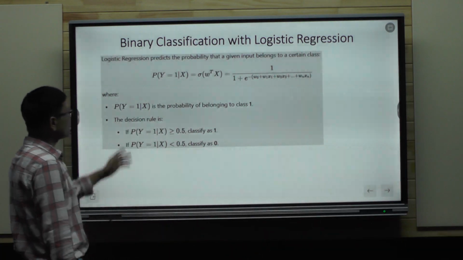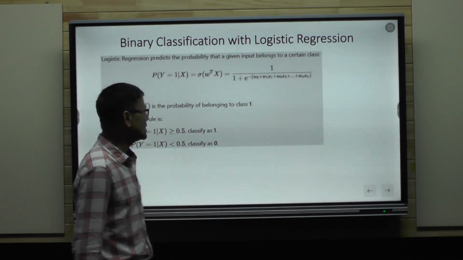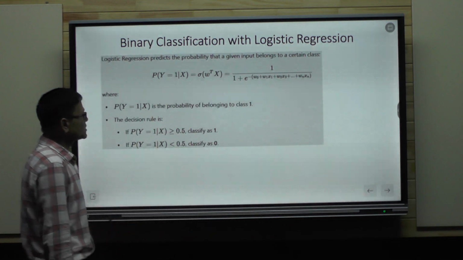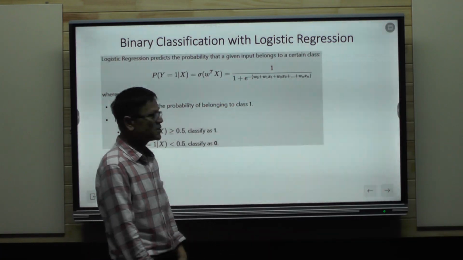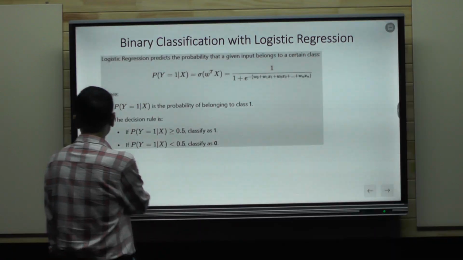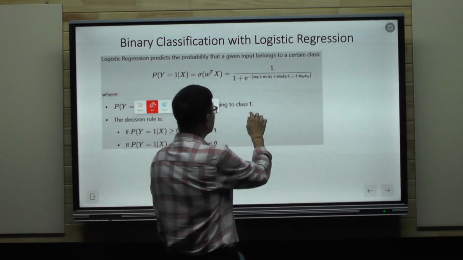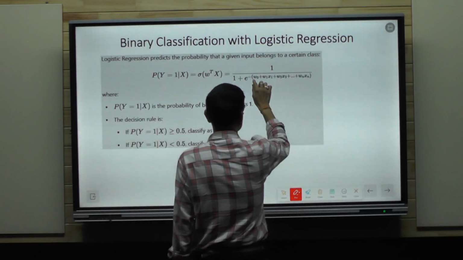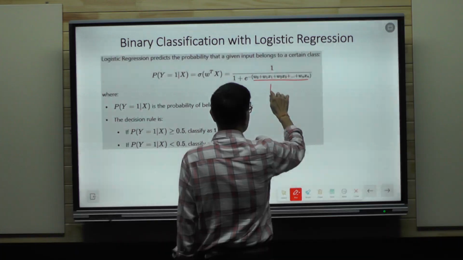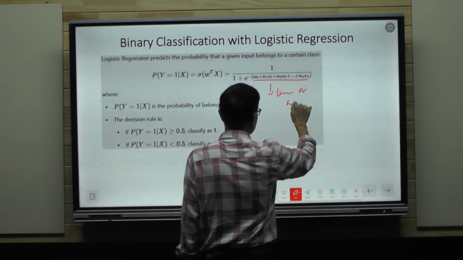So logistic regression predicts the probability of the input belonging to a certain class. This is the form of the sigmoid function, where this is the equation of a line or hyperplane.